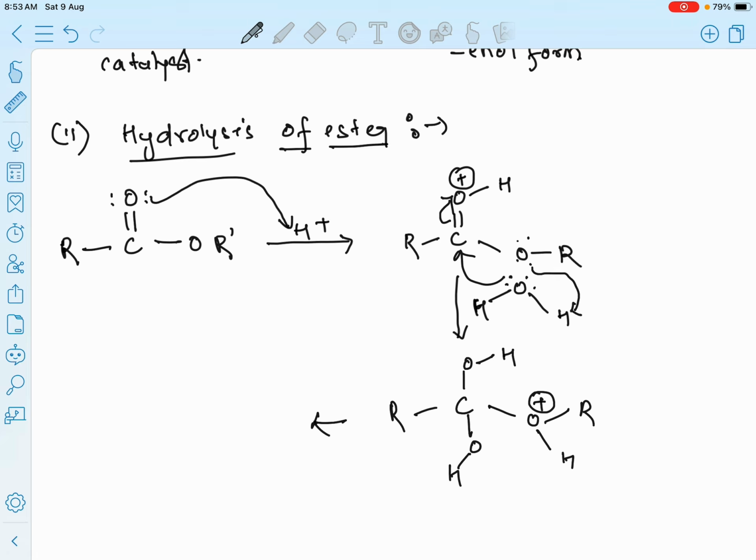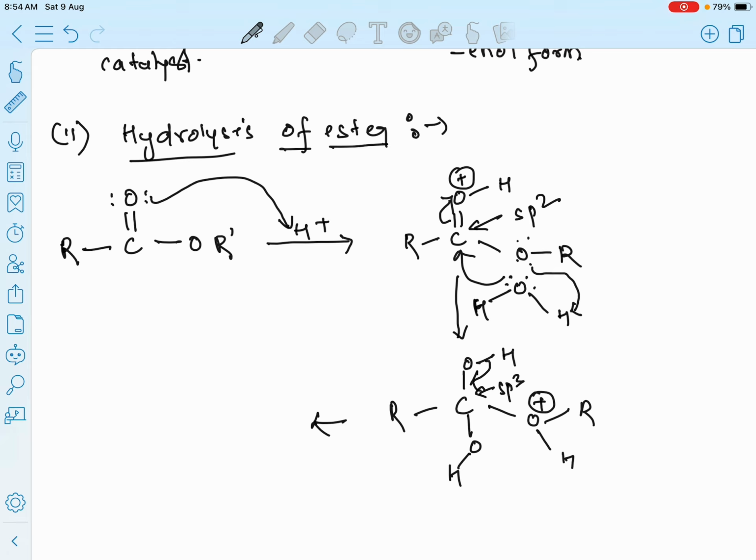Now what is happening? The sp2 hybridized carbon is now converted to an sp3 hybridized carbon. But now this carbon wants to regain its sp2 hybridized character. So this bond can be broken again, as it is more polar in nature.